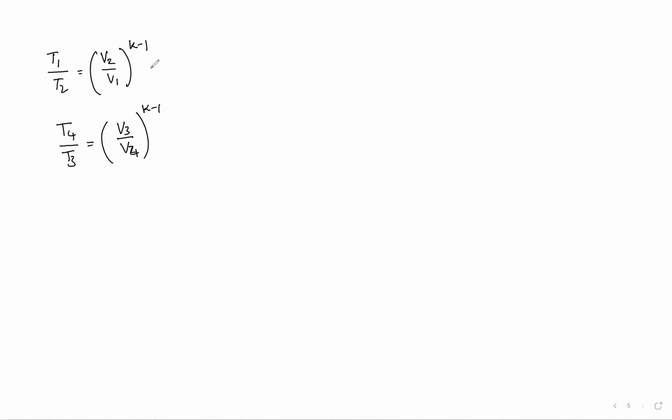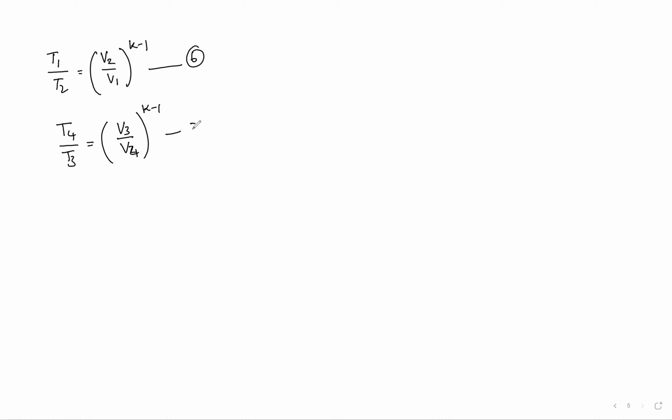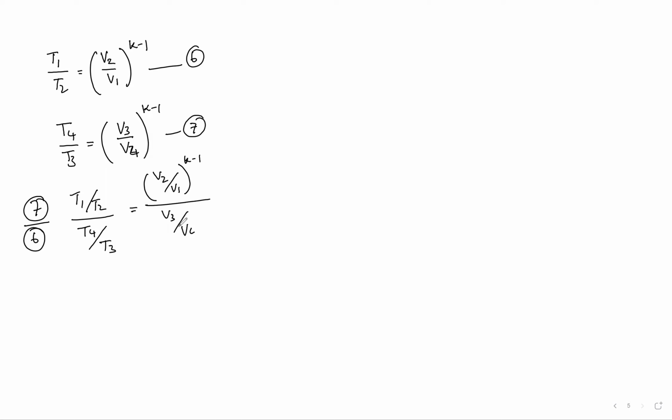From these two equations, 6 and 7, I'll take 7 divided by 6, so T1 over T2 divided by T4 over T3, which is equal to V2 over V1 to the power K minus 1 over V3 over V4 to the power K minus 1.